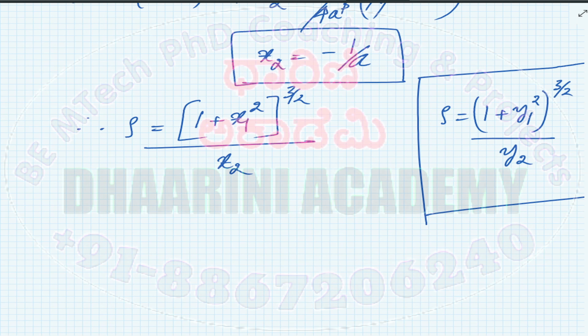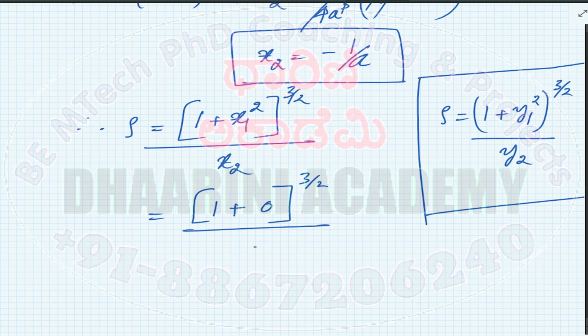So what we did, we tried to calculate the inverse derivatives. Instead of finding dy by dx, we found dx by dy. Dx by dy was denoted as x1 and its second derivative, that is d square x by dy square, is x2. I can simply substitute those values in this equation. So this is 1 plus, the x1 became 0, so 0 square is 0, whole to the power 3 by 2 is simply 1, into x2, which is minus 1 by a.